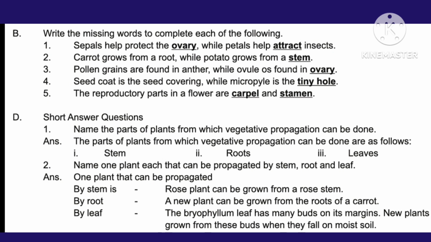By root, a new plant can be grown from the roots of a carrot. By leaf, the bryophyllum leaf has many buds on its margin. New plants grow from these buds when they fall on moist soil.